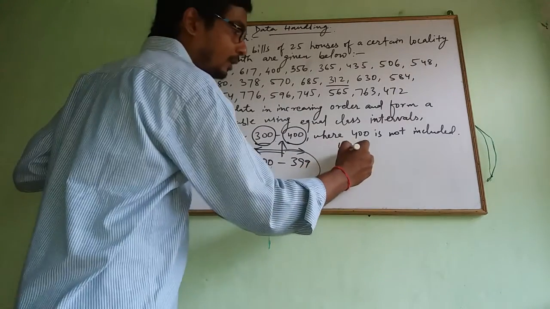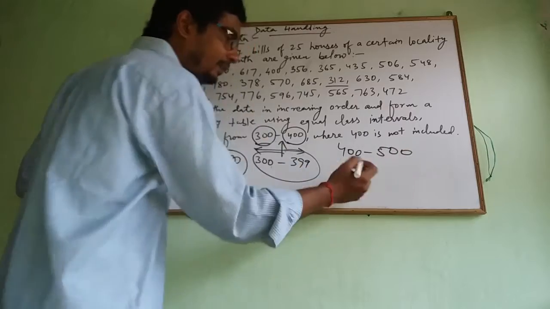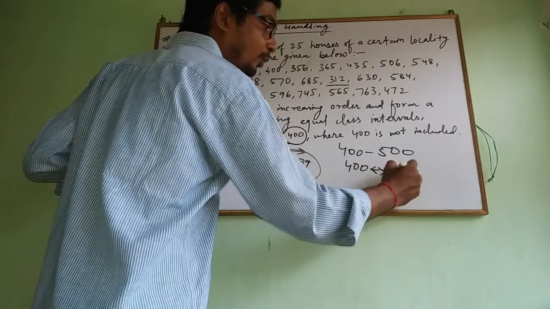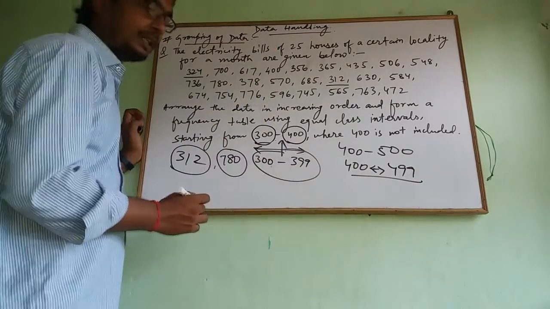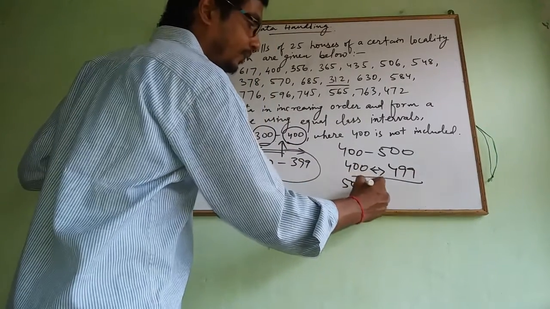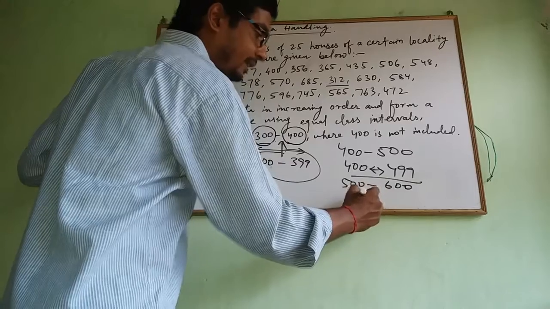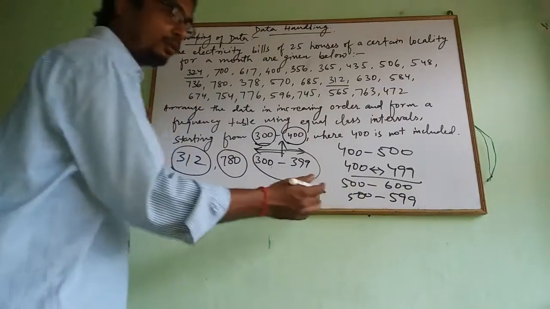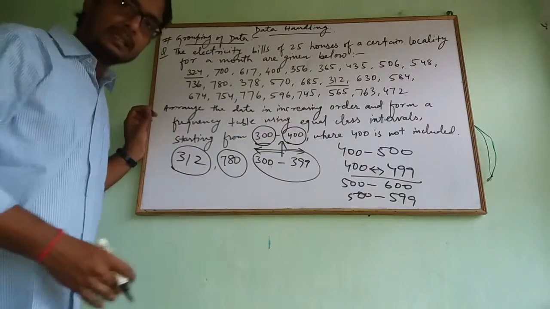The next interval will be 400 to 500, in which 400 to 499 will be included. The next will be 500 to 600, in which 500 to 599 will be included, and 600 will be included in the next interval.